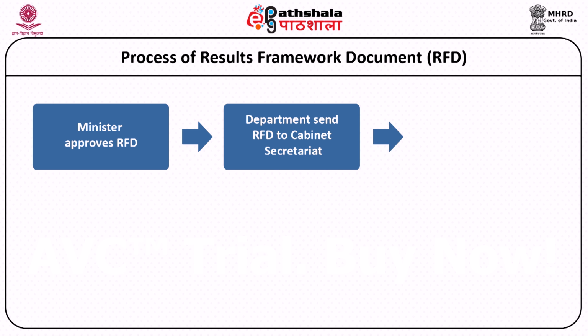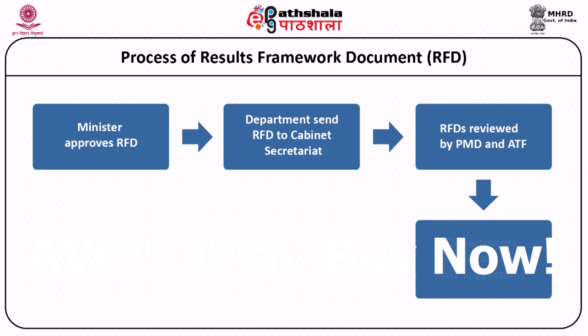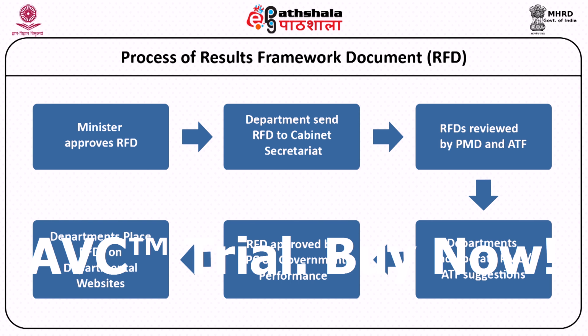Then the departments incorporate any suggestions given by the PMD and the ATF. After that, RFD is approved by HPC on government performance, and finally, the departments place the RFD document on their websites for the general public to see what are their objectives and how is their performance.